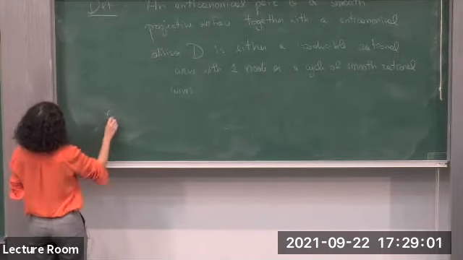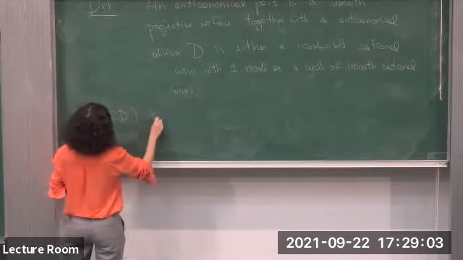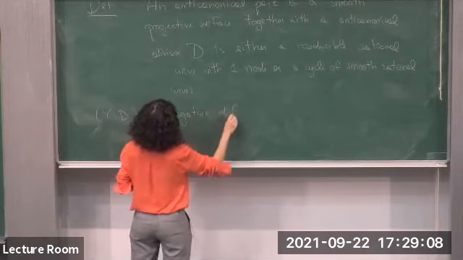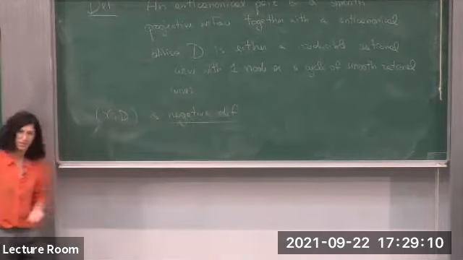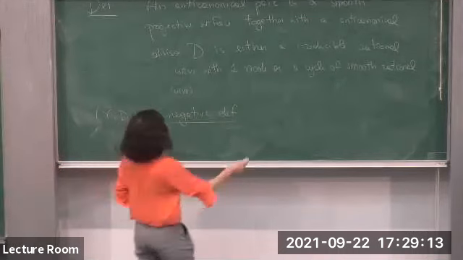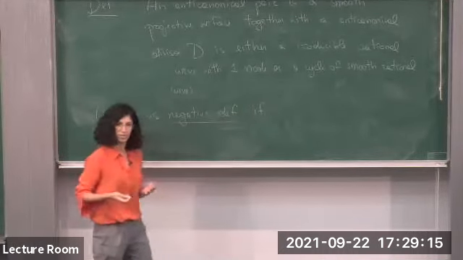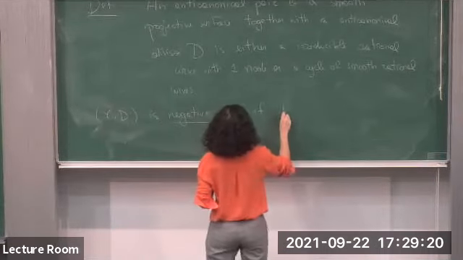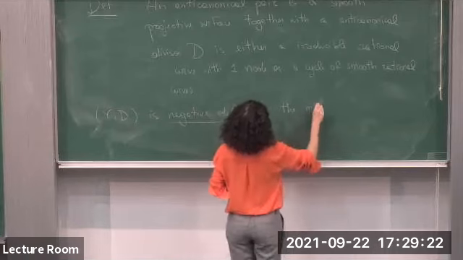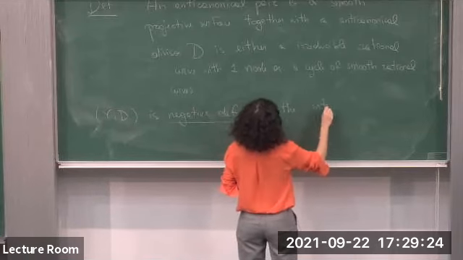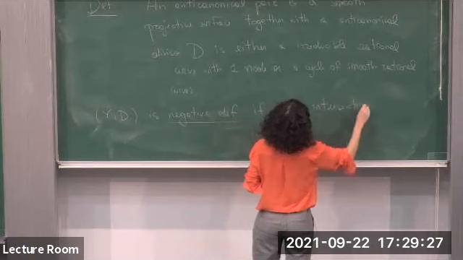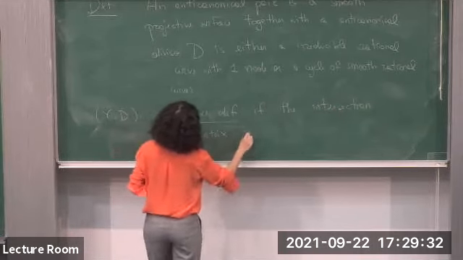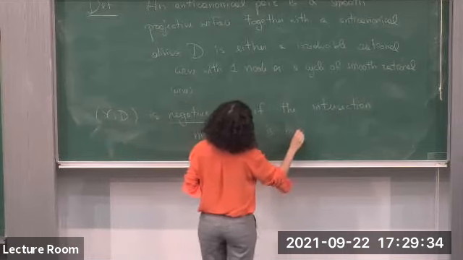We say the anti-canonical pair is negative definite if the matrix associated to D, the one with the intersections, is negative definite.